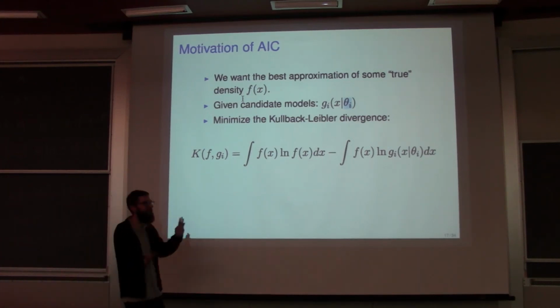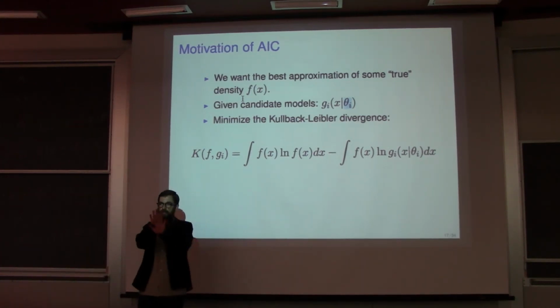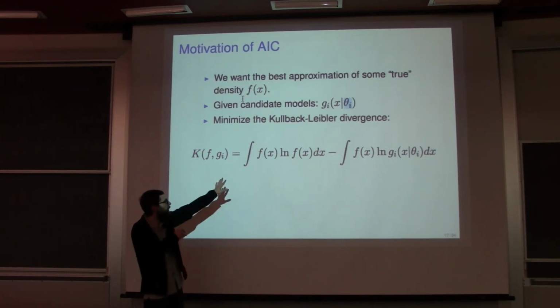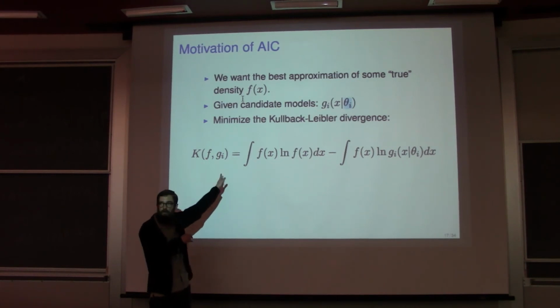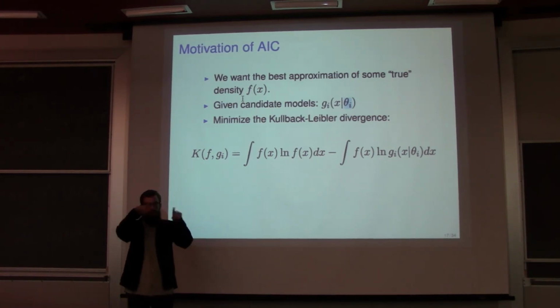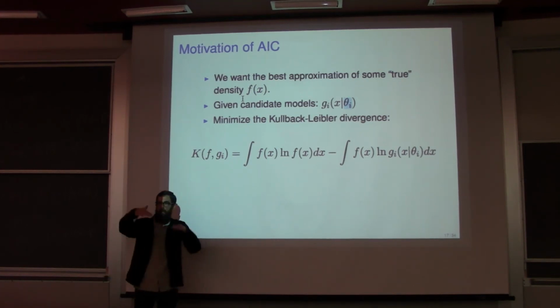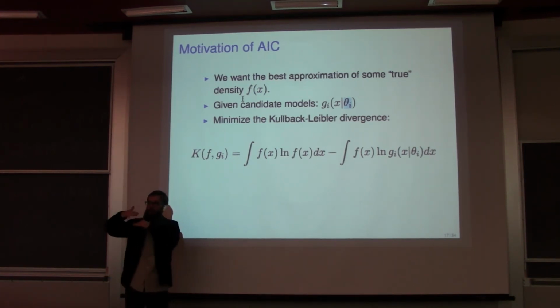Basically, KL divergence is a divergence between f and g. It's saying how similar f and g are as densities. If f and g are exactly the same, if their area is exactly the same everywhere, then this will be 0. If there are differences in where their mass is located, this will start to get larger. So you want to minimize KL divergence to get these two densities as close as possible.